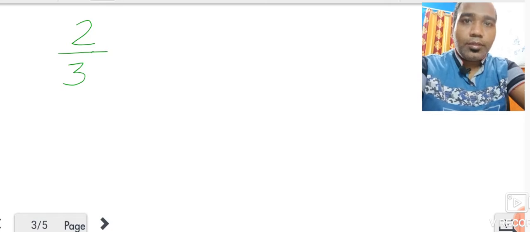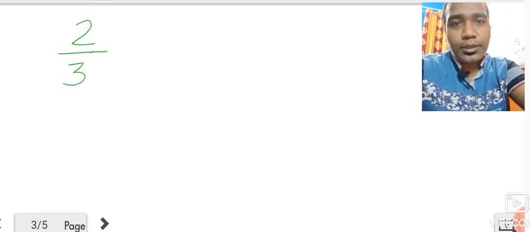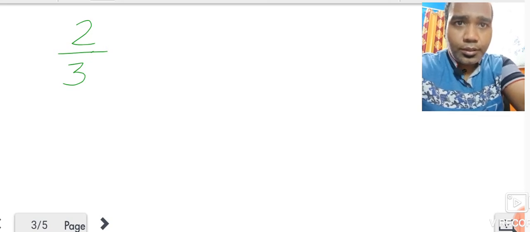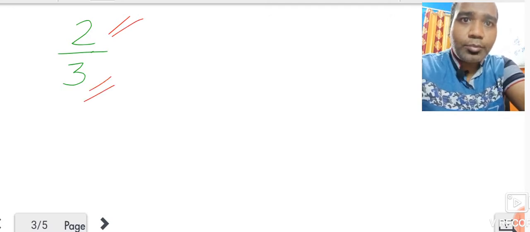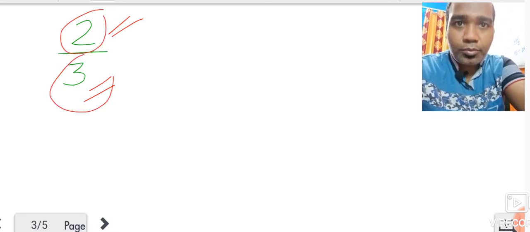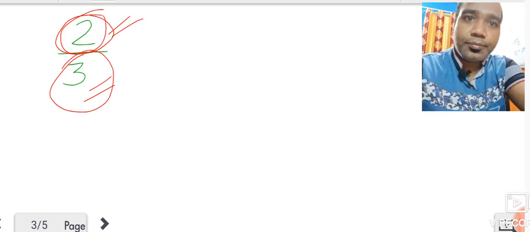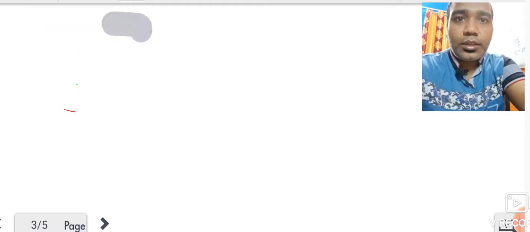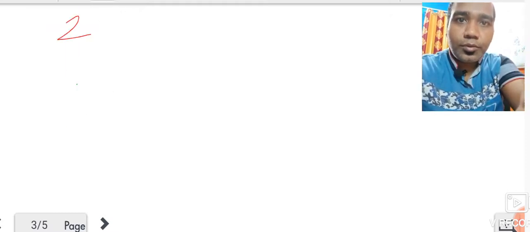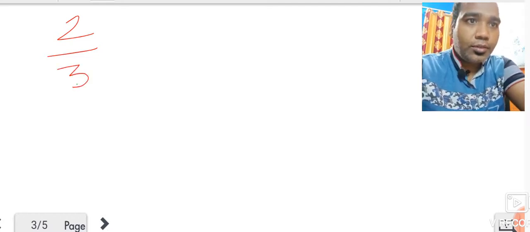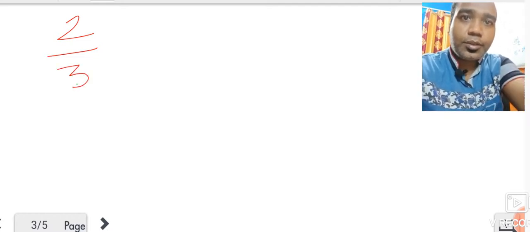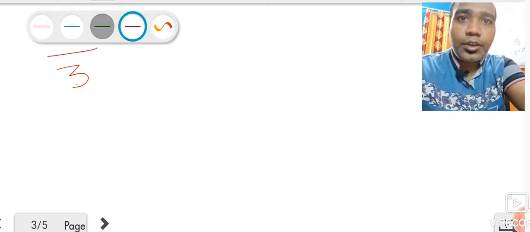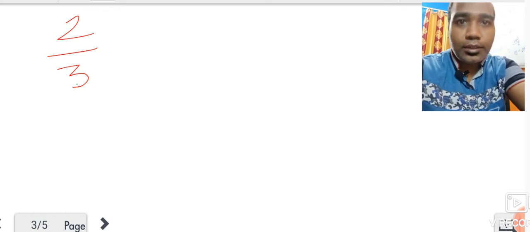How will we write it? For 2 by 3, we have to multiply the numerator and denominator both by the same number.